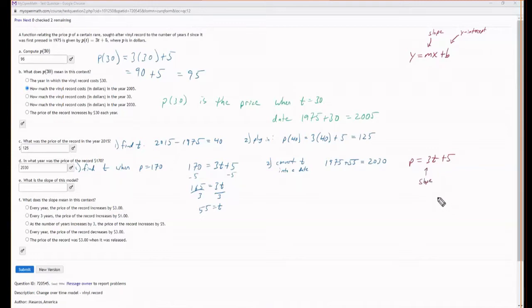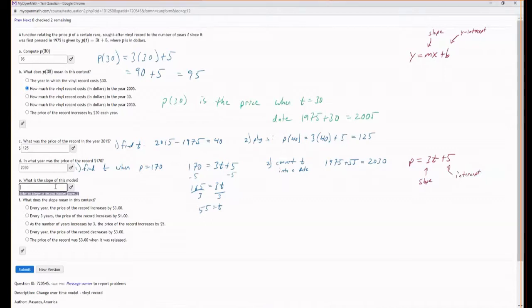Okay, that's the rate of change of our function, right? That's the rate of change of our price. It's going up by 3 every year. Okay? And then that plus 5 is going to be the intercept. Right? In this case, it's the p-intercept, but I don't think that the question really bothers us with that anyway.